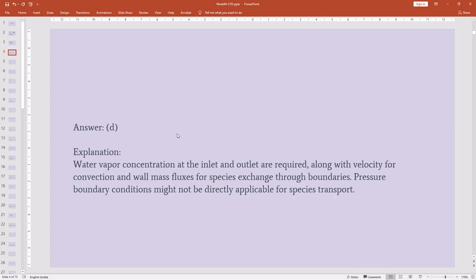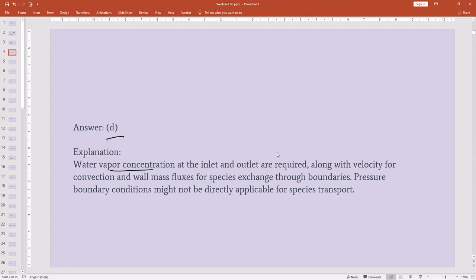So our answer becomes D, where we need water vapor concentration at the inlet and outlet. But this water vapor is being transported with air, like temperature or any other property being transported. So primarily we need the boundary condition for the transport of air.